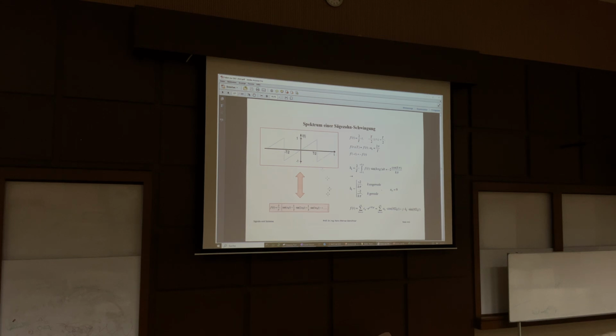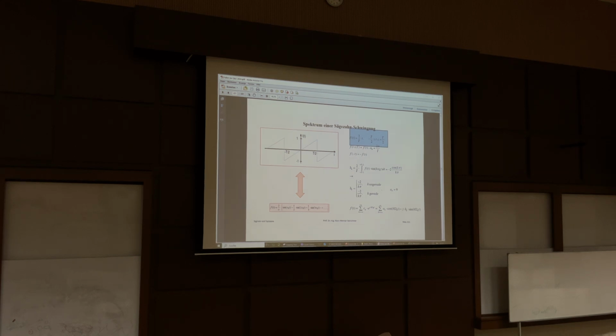And here again we have a periodicity with capital T, and then we have a very simple signal, it's just a line, and you can define such a signal like this. f of t is 2 divided by T times t, between minus and plus T half.